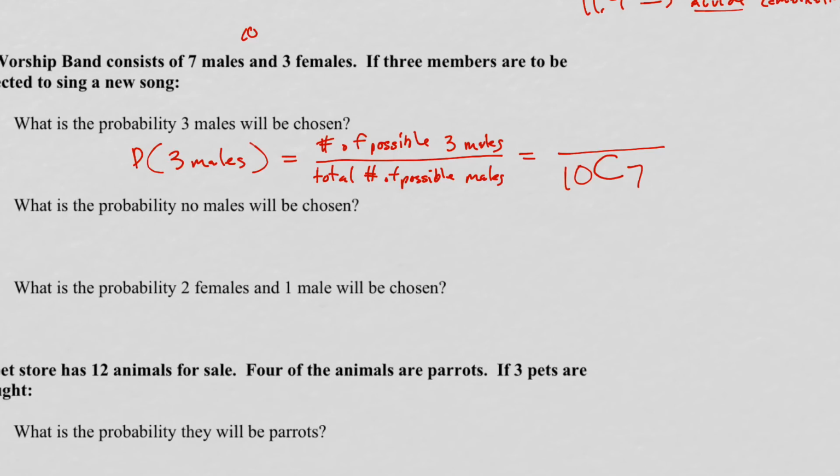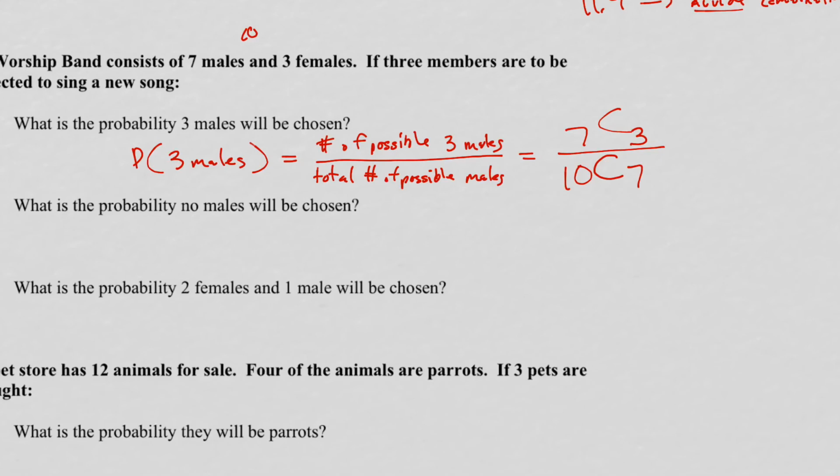Okay, and this is how you get your total. You're getting 7 total males from 10 total persons. Okay. Now we're going to focus on specifically 3 males at a time. So we're going to choose, what are the combinations of choosing 3 males out of how many males?